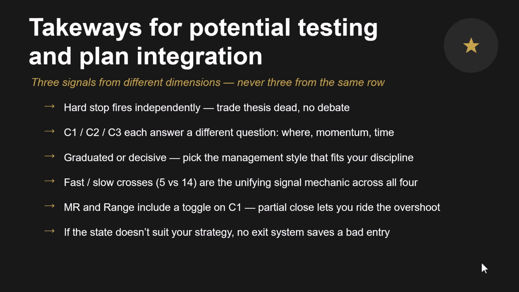And that fast, slow cross goes beyond moving averages, but look at ATRs and RSIs and crossing in terms of giving you some additional information that perhaps would otherwise not be easy to see. And remember that mean reversion and range include a toggle on C1. Do you close it all, or do you partially close and ride a potential overshoot?